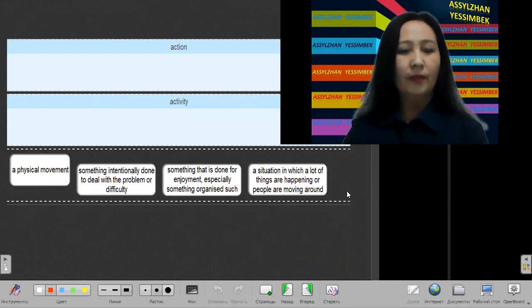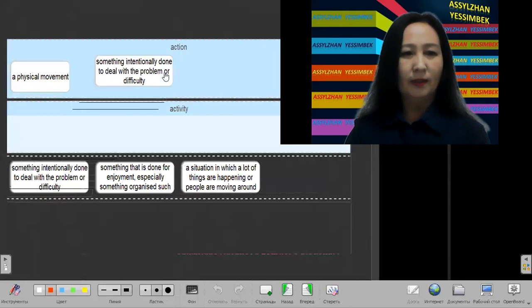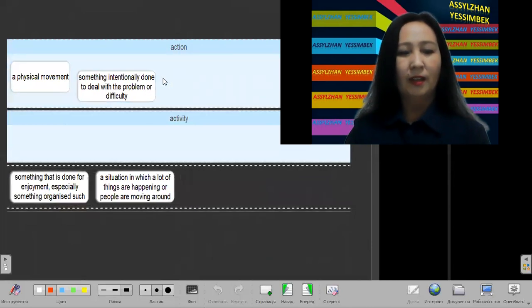So, a physical movement. This is an action. Something intentionally done to deal with a problem or difficulty. This is also an action. Something that is done for enjoyment, especially something organized, such as a sport or hobby.